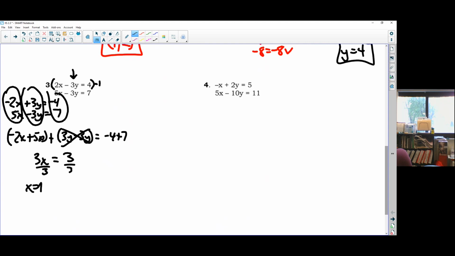All right, so I'll go back up to one of my original equations. We're going to choose the first one because the numbers are smaller. So if I plug in 2 times 1 minus 3y equals 4, well, 2 times 1 is 2.